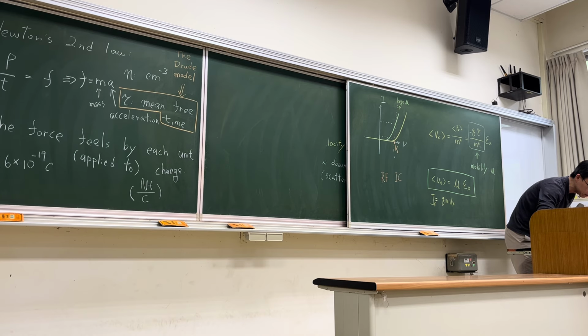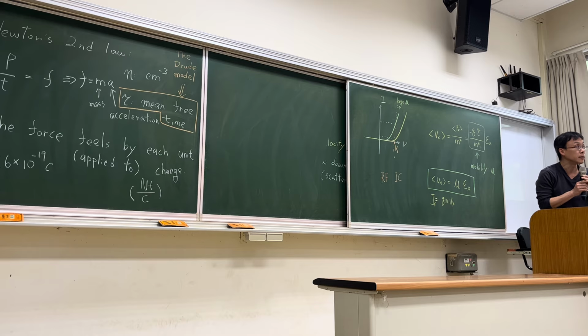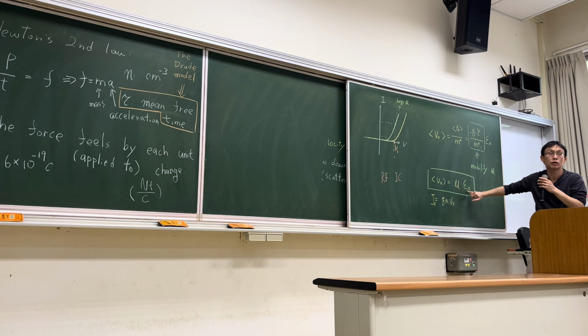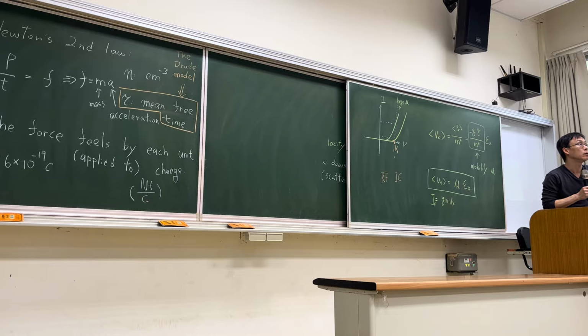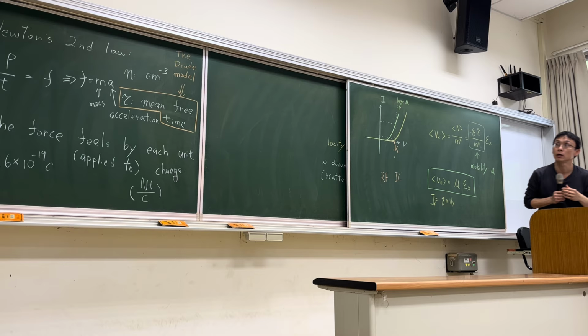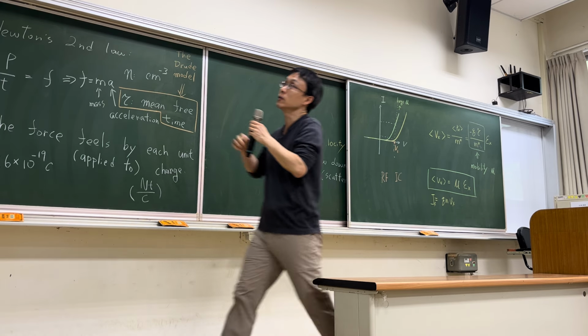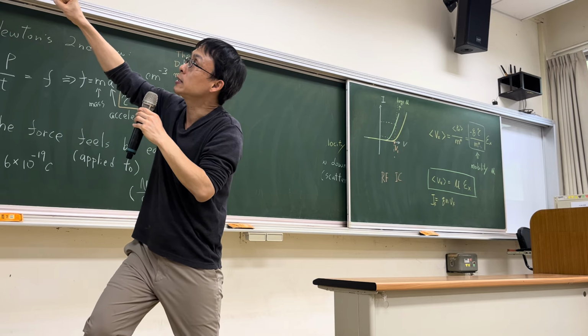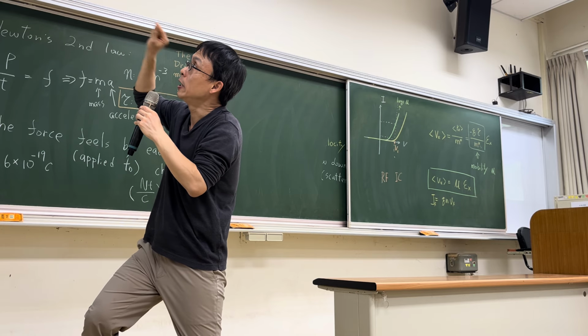So here you can see the figure showing velocity as a function of electrical field, right? The slope is mobility. If you have a larger mobility, in theory, you can have a higher velocity. Here we see the results for four materials: silicon, gallium arsenide, silicon carbide and gallium nitride.